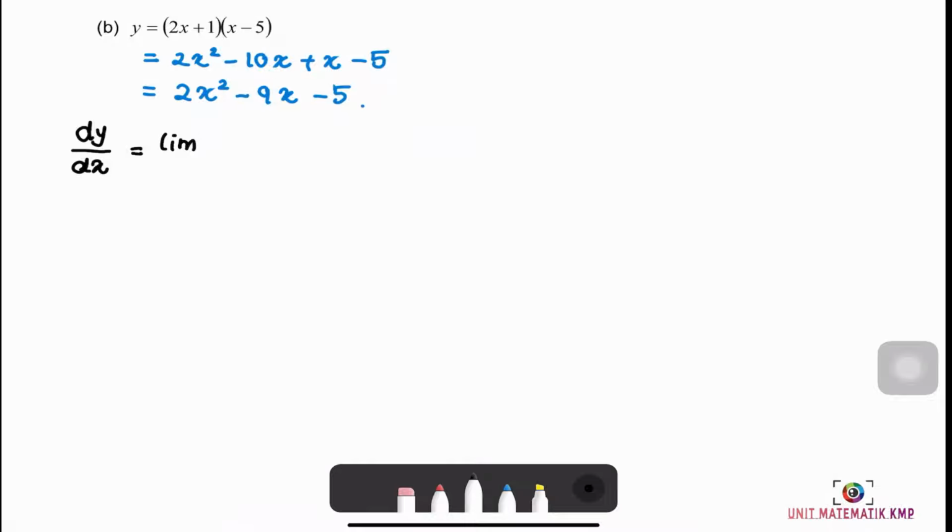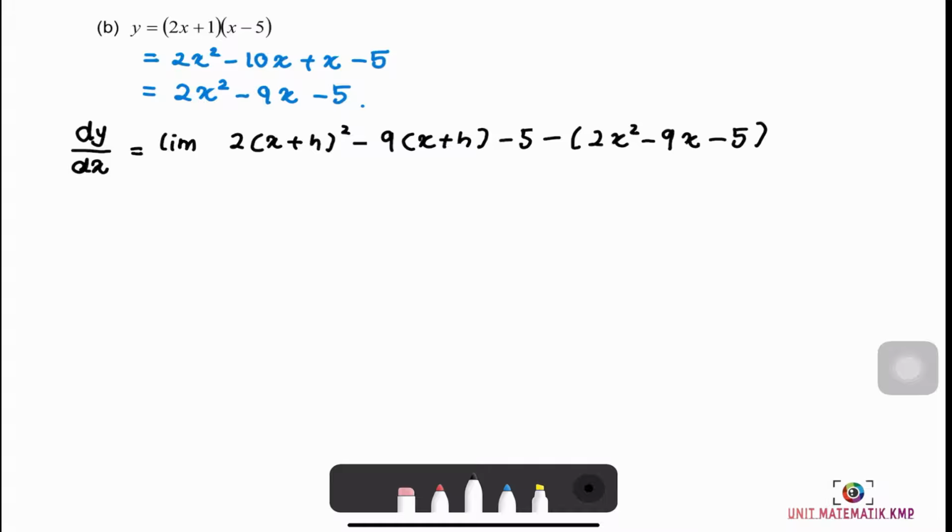We will have 2 times x plus h squared minus 9 times x plus h minus 5, minus 2x squared minus 9x minus 5, and this whole thing over h when h approaches 0.